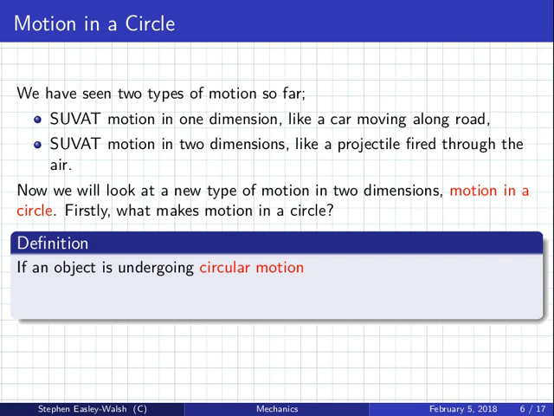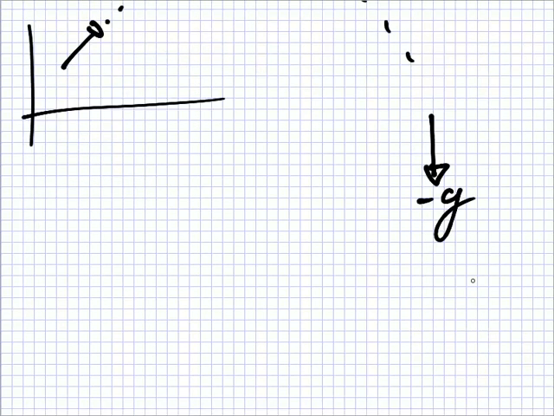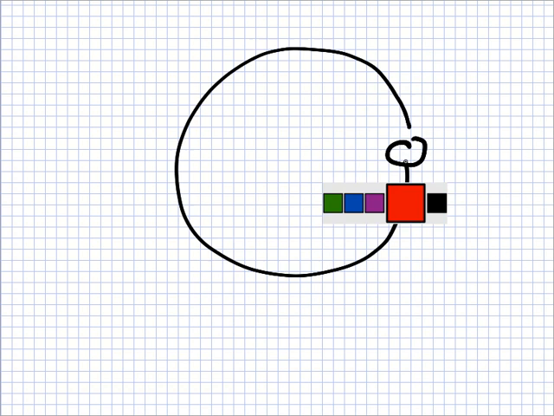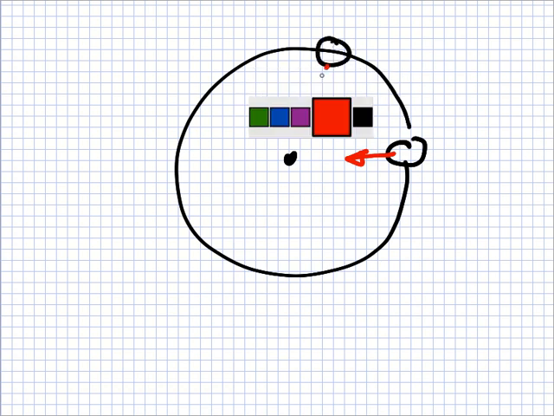Okay. So, if something is moving in a circle, then it's because the force that acts on it is perpendicular to the velocity and towards the center. So in other words, as a picture, if this is moving in a circle, it's because there's a force acting on it that points to the center of the circle, and it doesn't matter where it is. So if it's here, the force points to the center.